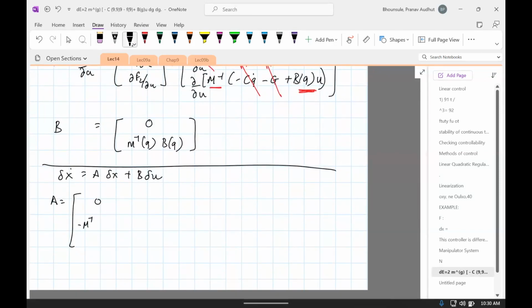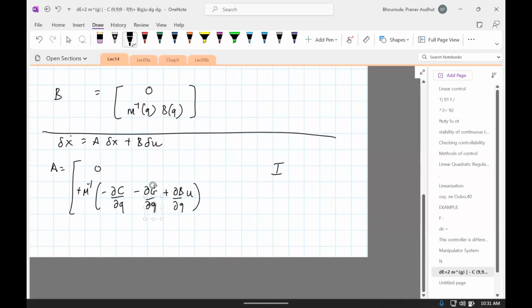M inverse, then A would be the partial of minus C dq dot over dq, the partial of G over dq, plus the partial of B over dq u, then identity, and then M inverse dC.